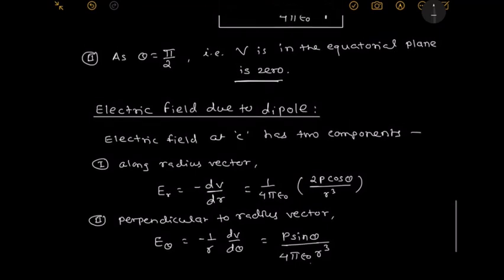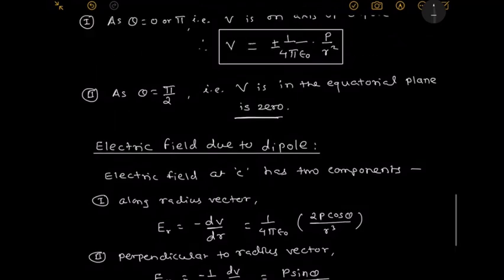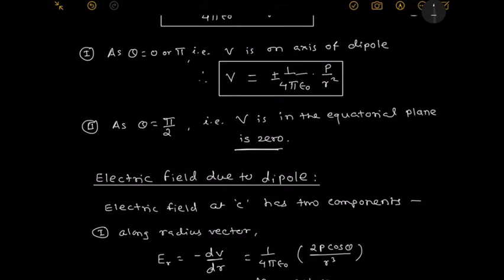Hence, the electric field due to an electric dipole is resolved into two components, one along the radius vector and the other perpendicular to it. We can find these two relations if we know the electric potential at point C.